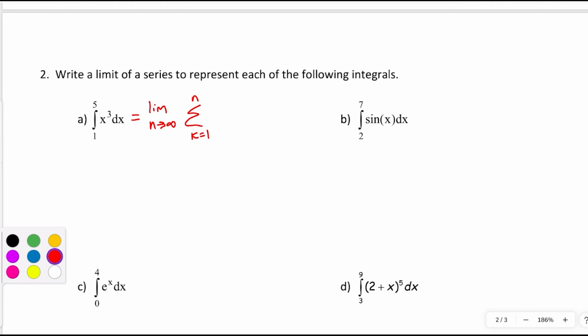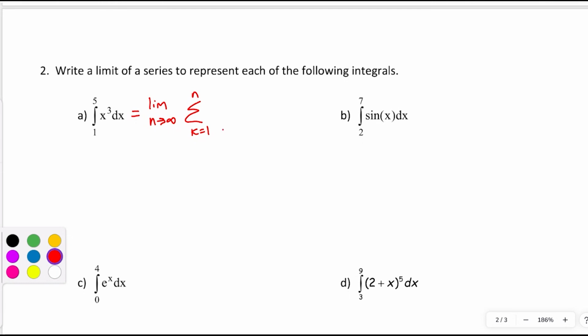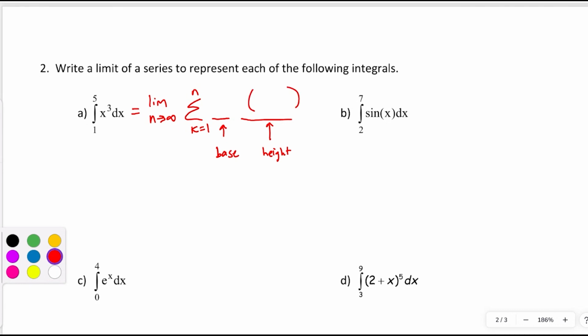Now the function here is something cubed. So let's start with that. We're going to have a base, so just leave that blank here. And we're going to have the height of the rectangles. The height is determined by the function, something squared, or in this case, cubed, rather.